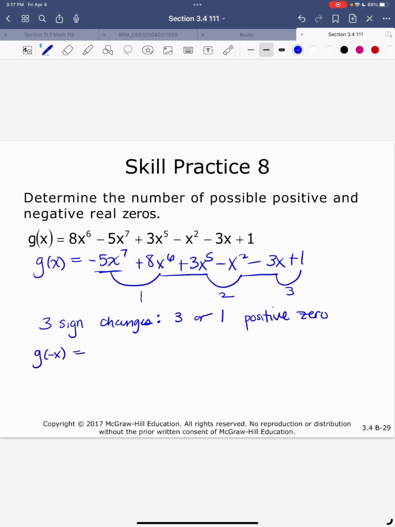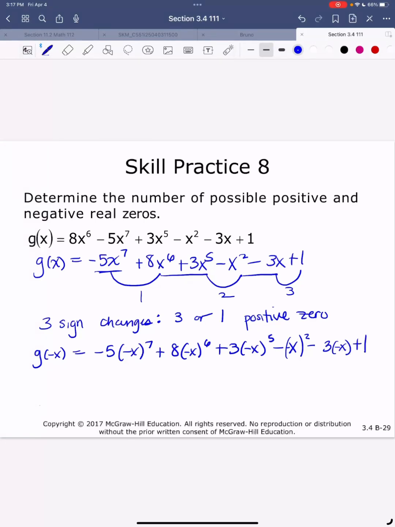This is going to be equal to, we've got negative 5 times negative x to the 7th, plus 8 times negative x to the 6th, plus 3 times negative x to the 5th, minus a negative x squared, minus 3 times a negative x plus 1.